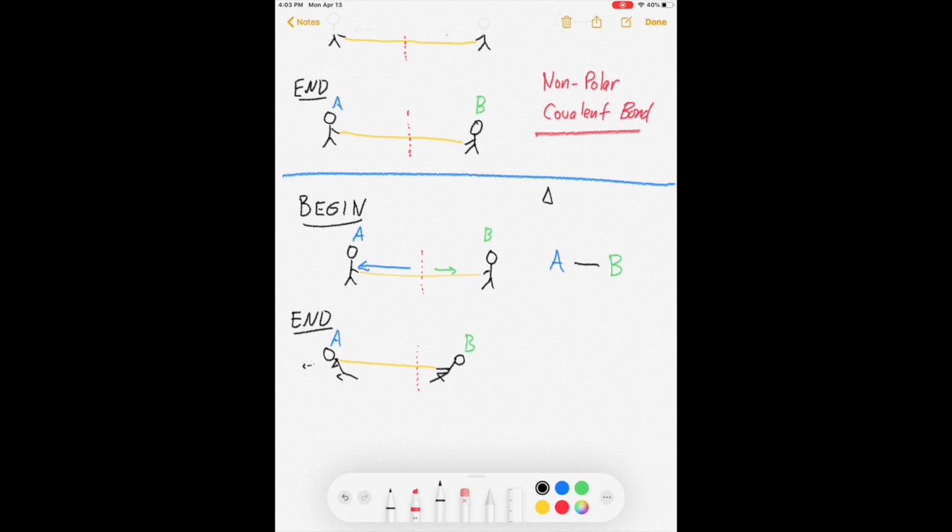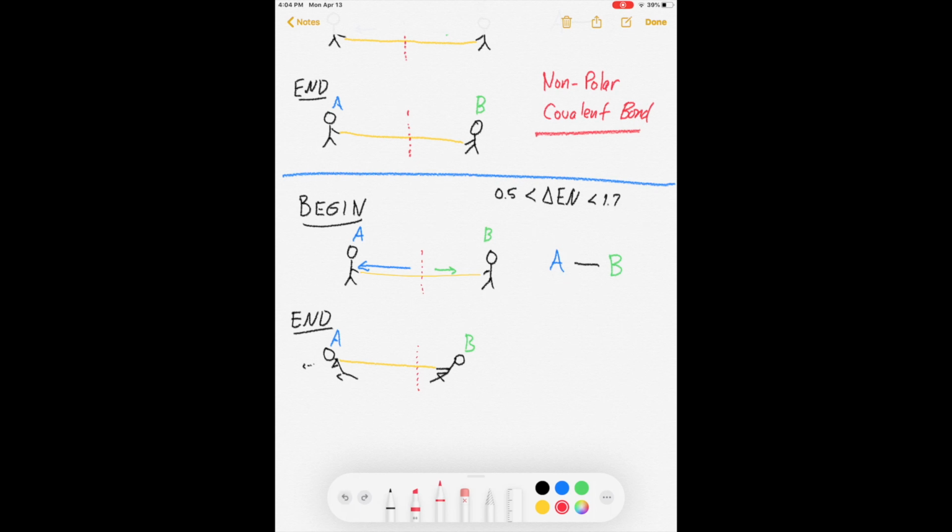if the change in electronegativity is somewhere between, say, 0.5 and 1.7, then this is what we call a polar covalent bond. And what that means is that if A is winning this tug-of-war contest, then the electrons are going to be found more often on A. They're going to be on A more of the time.